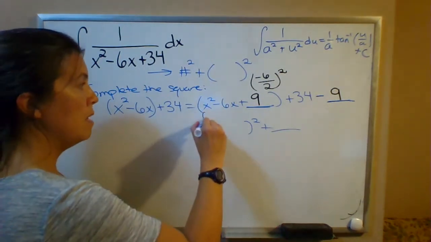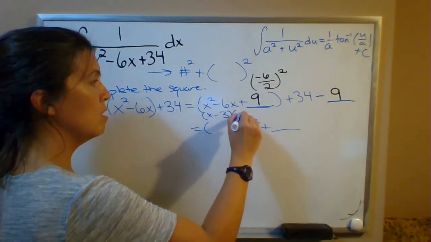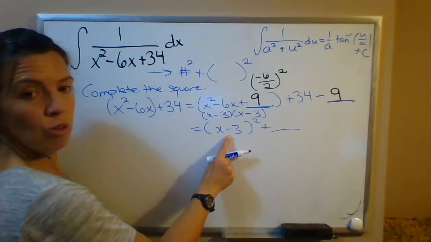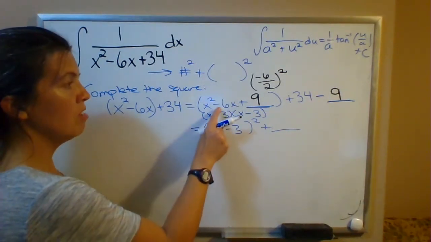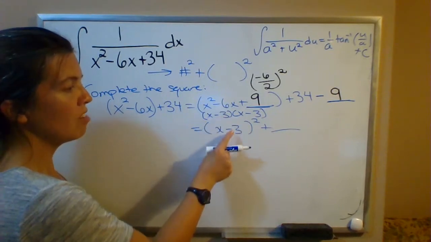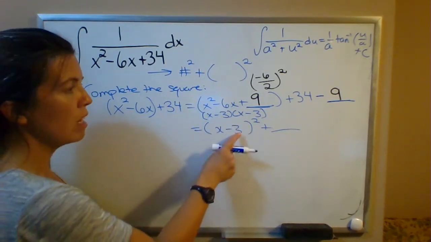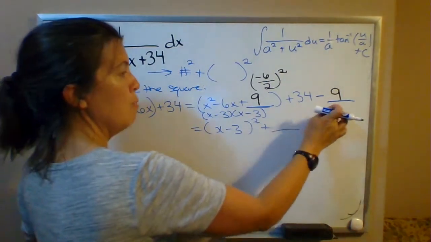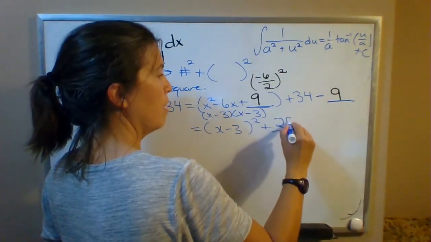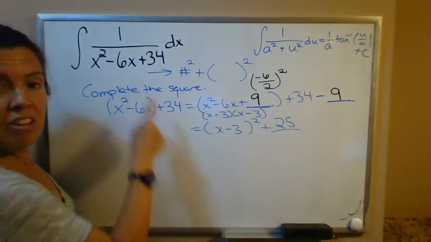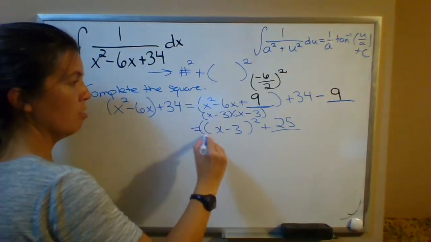So that would be x minus 3 squared. The shortcut is that it's always going to be x and then half of this coefficient. If I see minus 6, I know automatically it's going to be minus 3 when it's written as a perfect square. 34 minus 9 is 25. So the denominator, the way it's given, is equal to this expression right here.